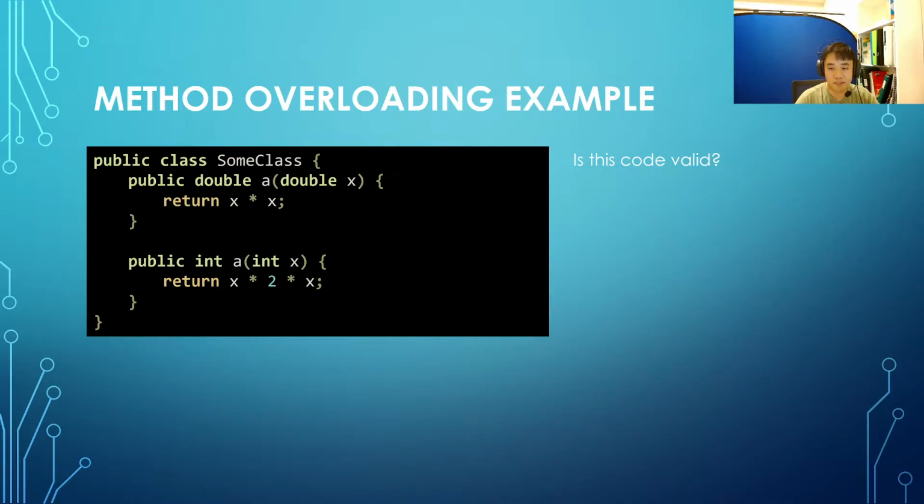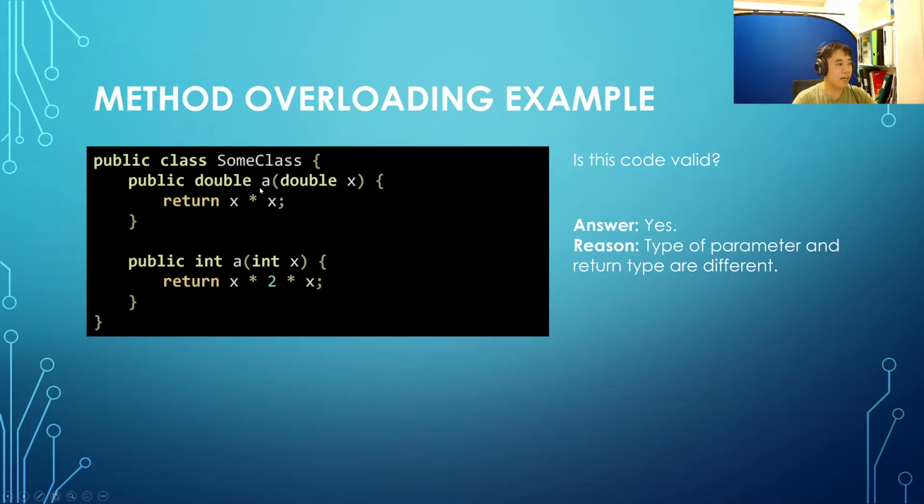Because the return types are different and the parameters they're asking for are different too. That's right. Here in this case we have different parameter types and different return types as well. Having a different return type is already enough to make both signatures different. So this is fine, which means that A is successfully overloaded. In the future, if you're making programs and want to implement the same method in different ways, overloading may be your friend here.